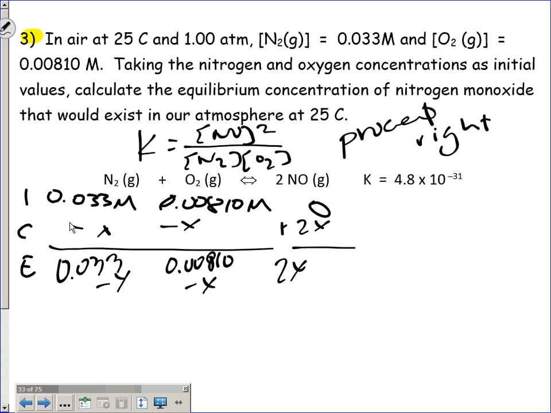And our K value, guys, look at the value of this thing. What does this tell you? Okay, yes, it is a small number, but what does it tell you? Not only reactant favored, but so favored. How big of a number do you think X is to be forming in products? Almost 0.